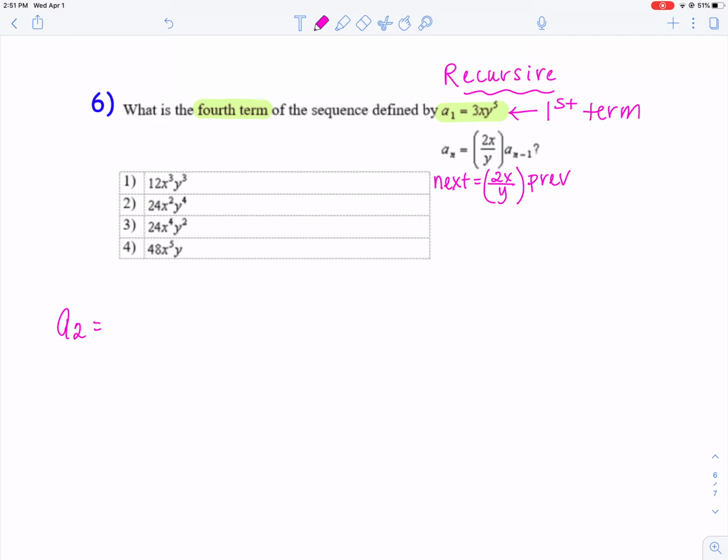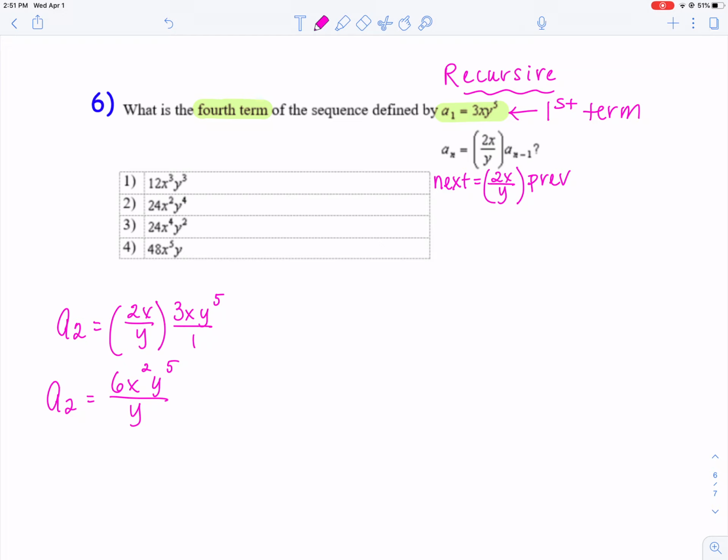So in order to get the second term, I'm going to take, here's what it tells me, 2x over y times your previous term. Your previous term is 3x y to the fifth. I'll put that over 1, and I'm going to multiply. A sub 2 would be 6x squared y to the fifth divided by y, right?